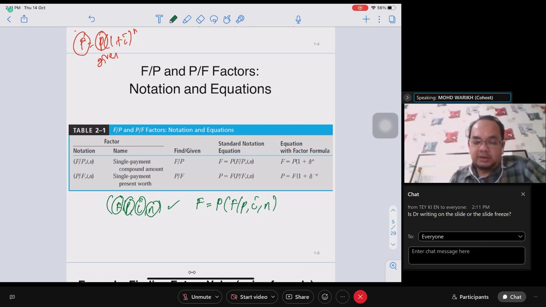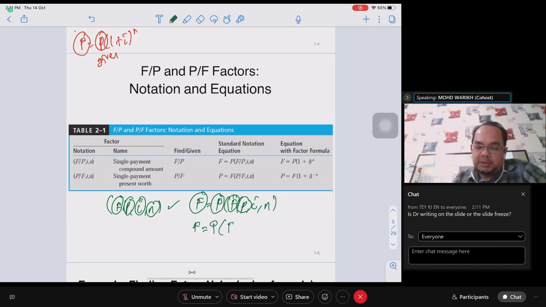Sometimes students make a mistake: F over P, and this one P over F, I. So you make the mistake.